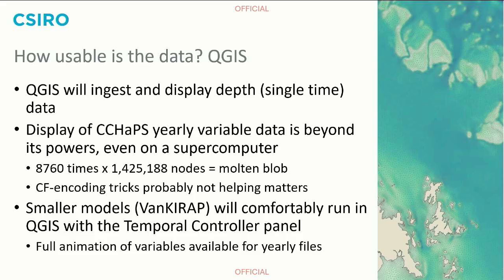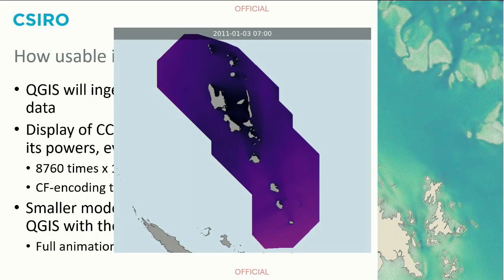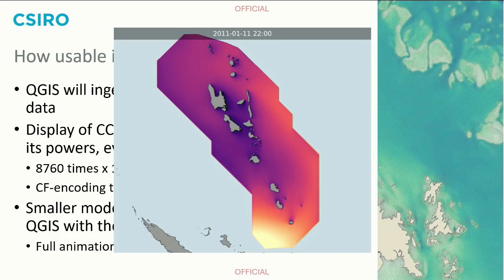So QGIS will ingest UGRID data, and we've got it to run on smaller models like the Vanuatu dataset. So this is HS, significant wave height for a period of 2011 for Vanuatu. This is a 200,000 node grid.